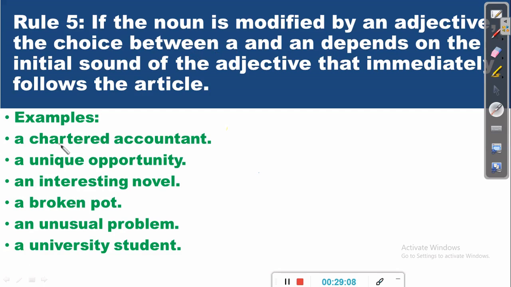All right. For example, a chartered accountant. The adjective here is chartered. It's a past participle that is functioning as an adjective, telling us more about the accountant, describing the accountant. A chartered accountant. And because the word chartered begins with a consonant sound, then we use a.